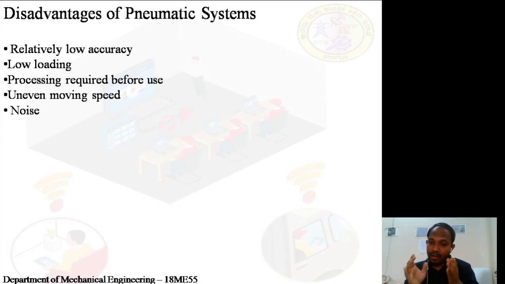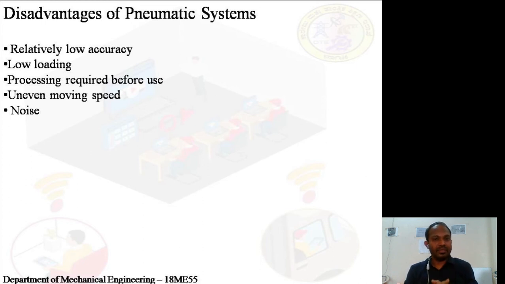So obviously the hydraulic systems have more load carrying capacity and pressure generating capacity when compared to the pneumatic systems. The pneumatic system certainly has low loading conditions. So its limitations give it its own area of applications.